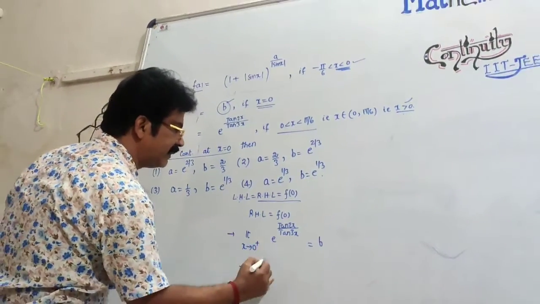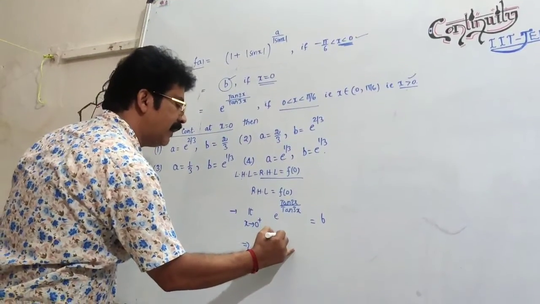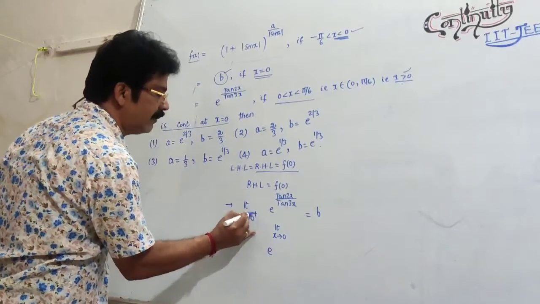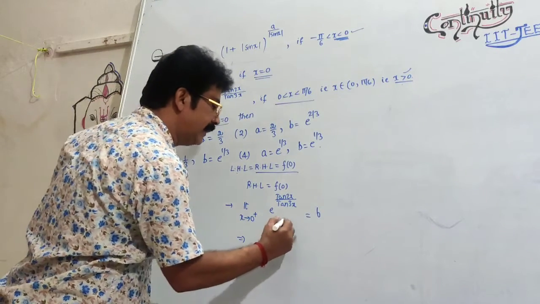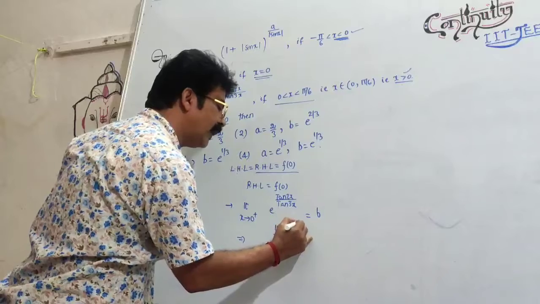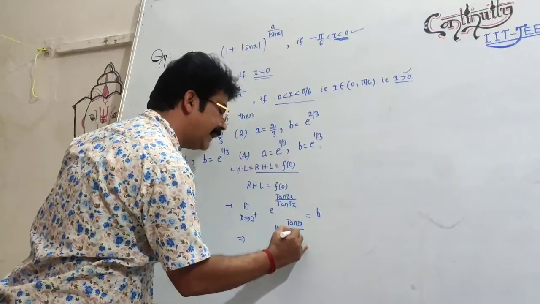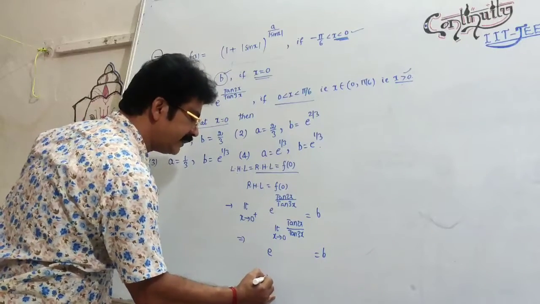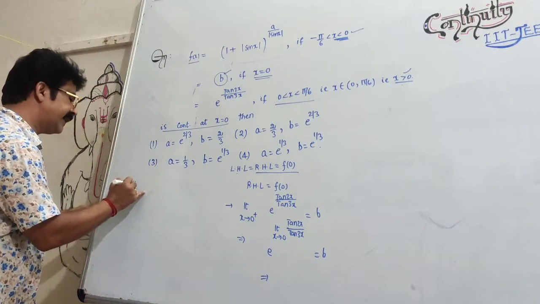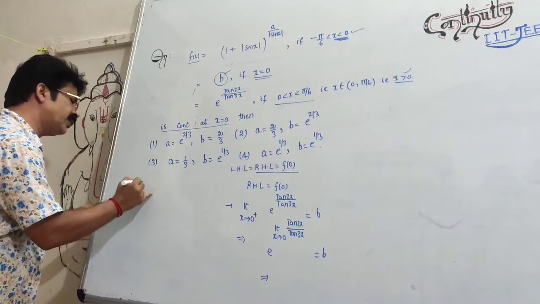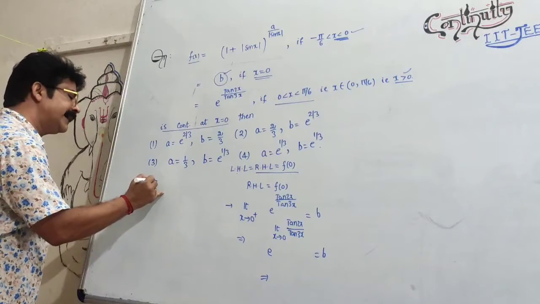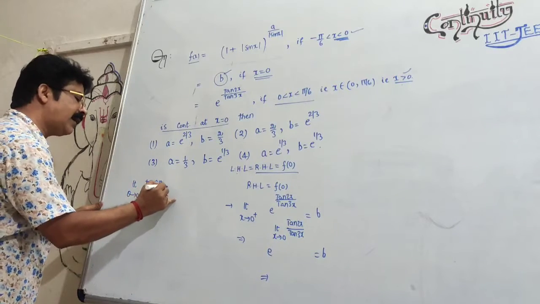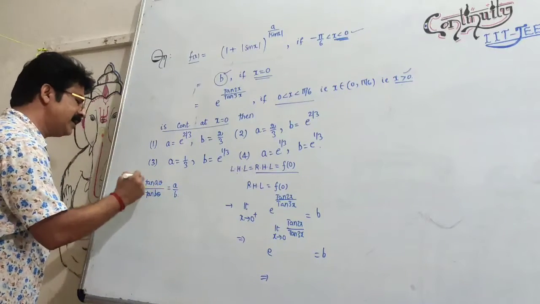So it is e power limit x tends to 0. We can write like that because plus stands for the direction only. So tan 2x divided by tan 3x equals b. Already I said the shortcut: limit theta tends to 0, tan a theta by tan b theta is simply a by b.